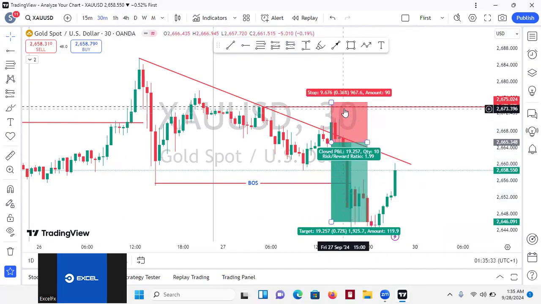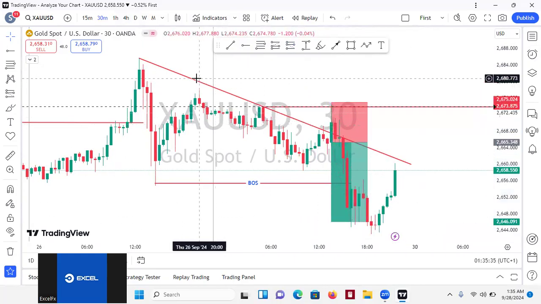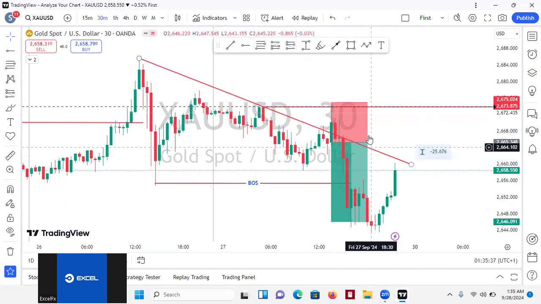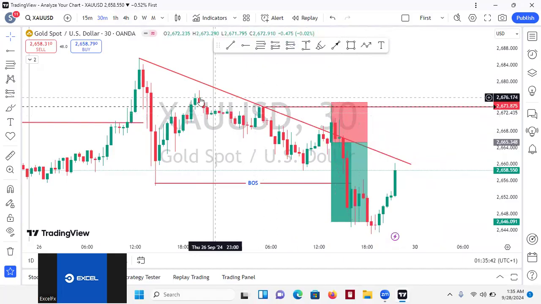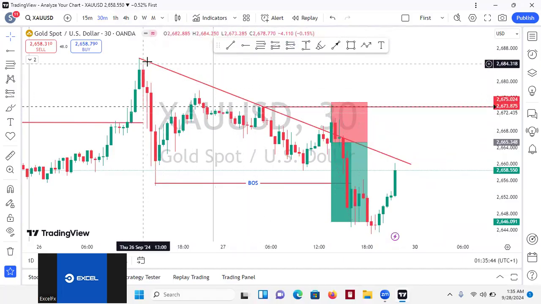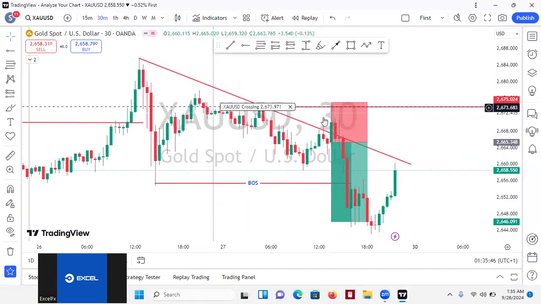So you can see that with this very simple connection of a trend line, you have won a trade today. All right, so I use the trend line, the horizontal ray, and then the positions.